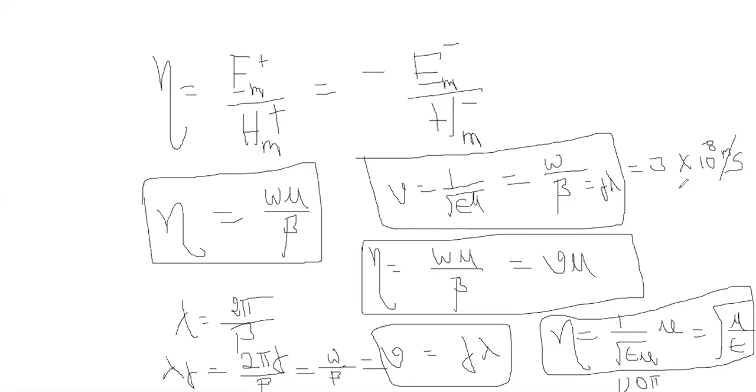Now you can find out the wave equations. The wave equations are: gamma is equal to... So what is gamma? The propagation constant. The propagation constant gamma is equal to alpha plus j beta. So what is alpha there?